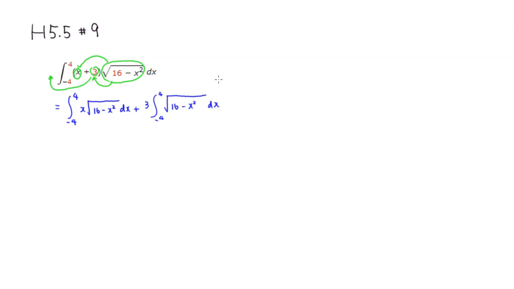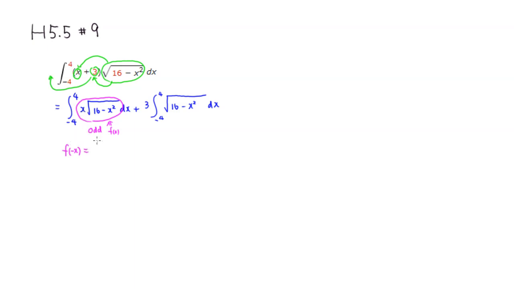All right, so let's look at the first integral. If you realize, this function right here, the integrand, is an odd function. Let's call this function f of x. We can check what we get for f of negative x.